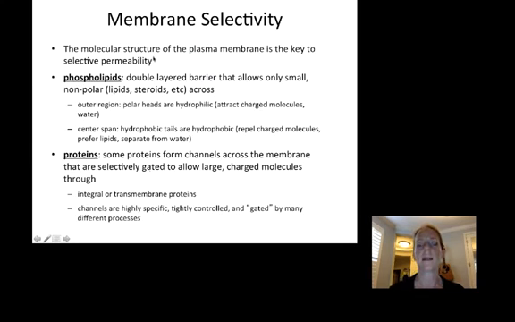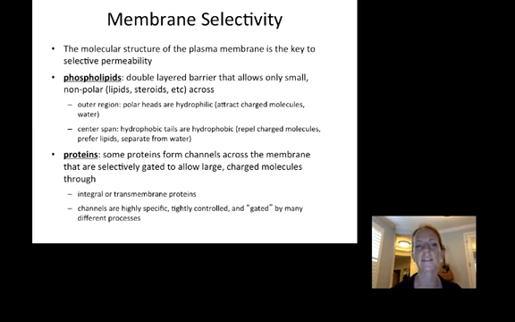So this creates membrane selectivity, where the molecular structure of the plasma membrane is the key to its permeability, and it's mainly the structure of the phospholipids. The phospholipids are a double-layered barrier that allow only small or non-polar molecules across. In other words, go back to our macromolecules lecture, what are the non-polar molecules? The non-polar molecules are the lipids.